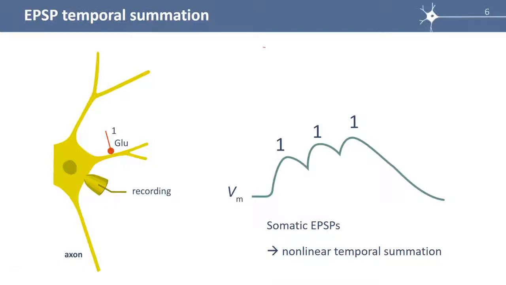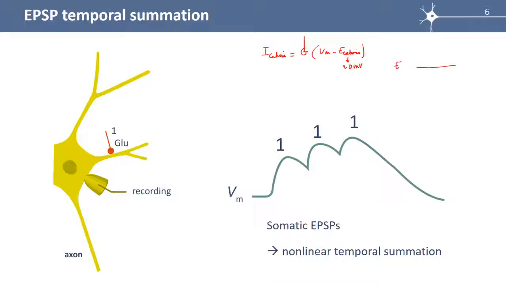So the current underlying the EPSP is a cation current. It equals G, the conductance of the membrane, multiplied by the driving force. The equilibrium potential for cations is around 0 millivolt. So when the membrane depolarizes, it goes closer and closer to the equilibrium potential.